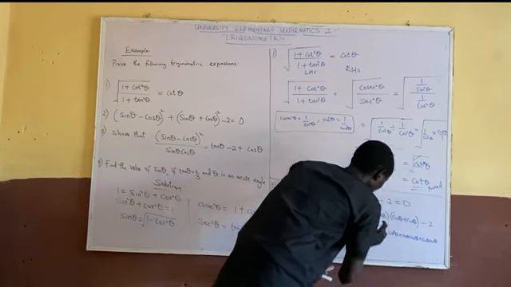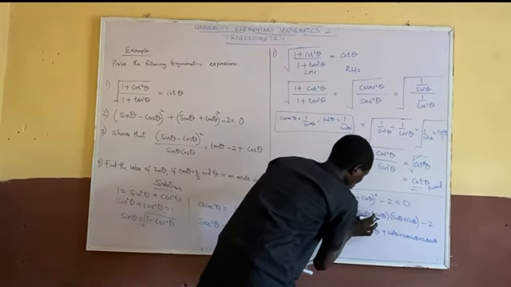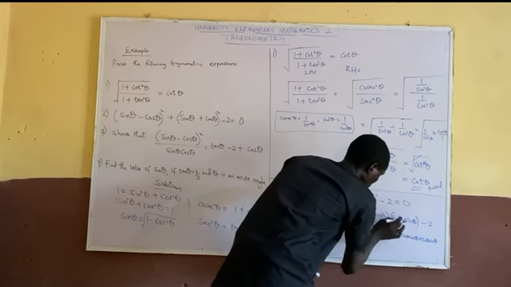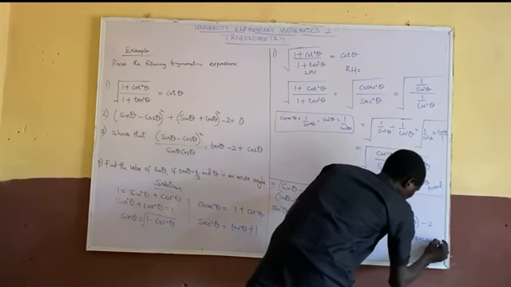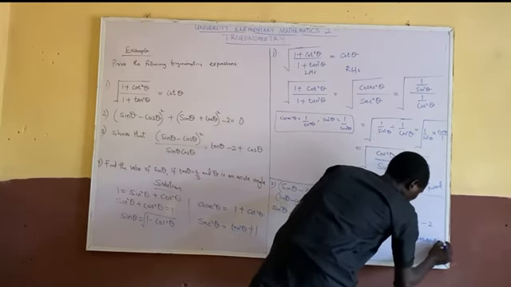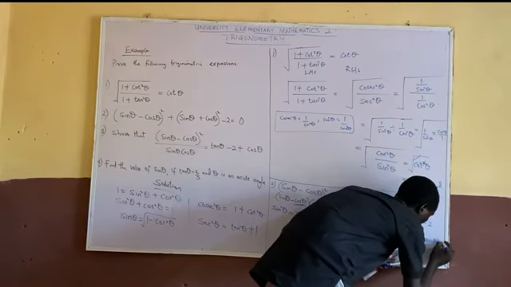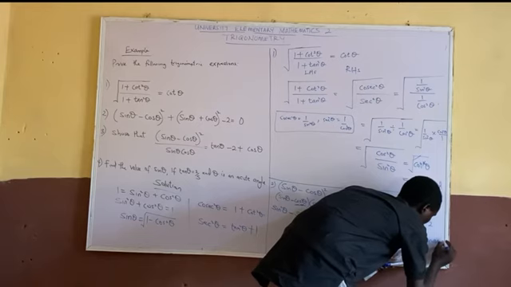The only difference is that now plus cos theta times plus cos theta to give you plus cos square theta, plus cos square theta, plus cos square theta.